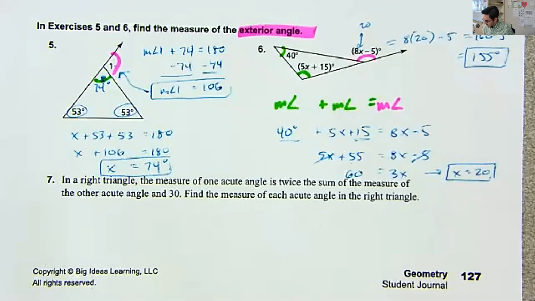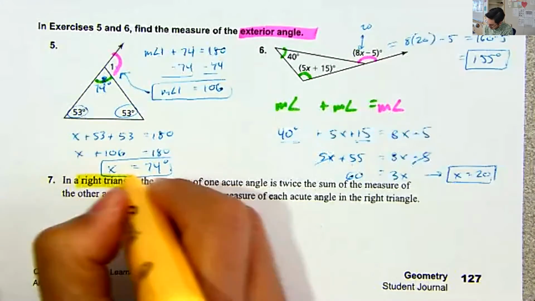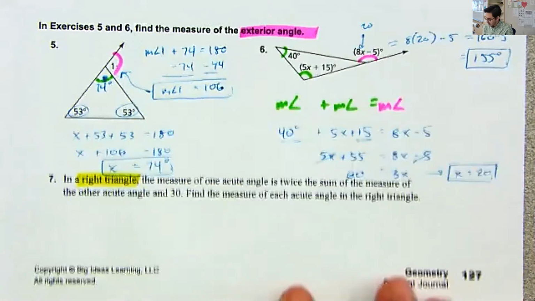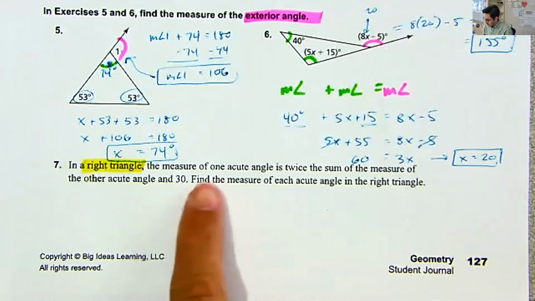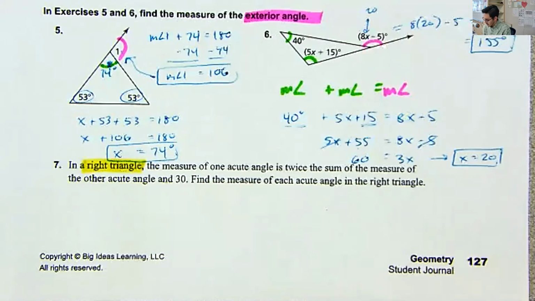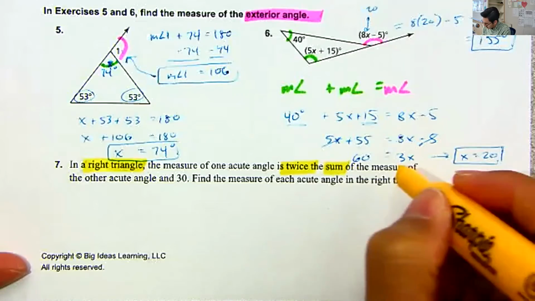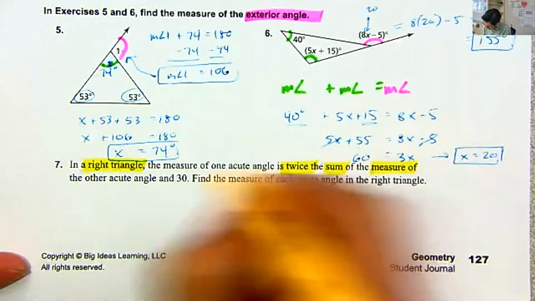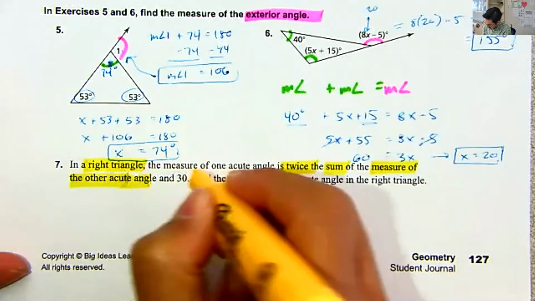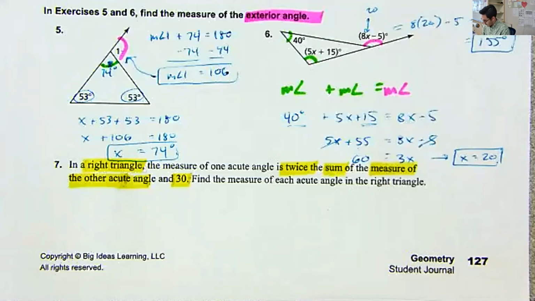Our last question here says, in a right triangle, all right, let's highlight here. So we have a right triangle. That means there's one 90-degree angle somewhere in that triangle. The measure of one acute angle is twice the sum of the measure of the other acute angle and the number 30.